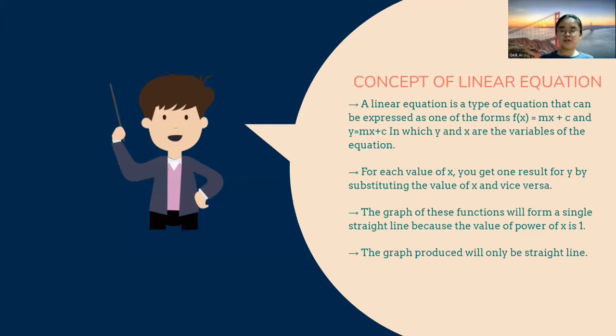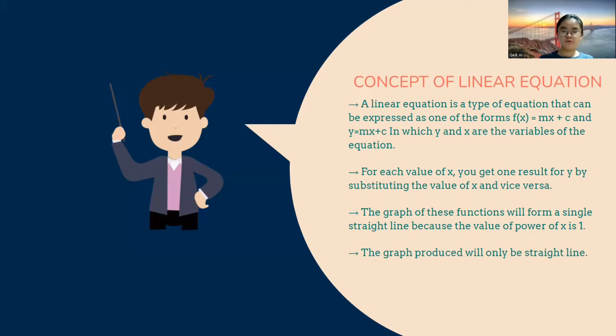A linear equation is a type of equation that can only be expressed in the form of f(x) = mx + c and y = mx + c, in which y and x are the variables of the equation. In this equation, m stands for the gradient of the graph, while c stands for the y-intercept, which is also a constant.